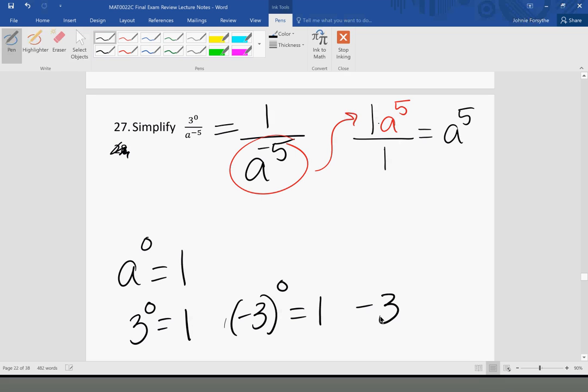If it were negative 3 to the 0, no parentheses, the base of this 0 is the 3, not the negative, so the answer would be negative 1. But that's just a property of exponents. All right. Good question. Very good question.